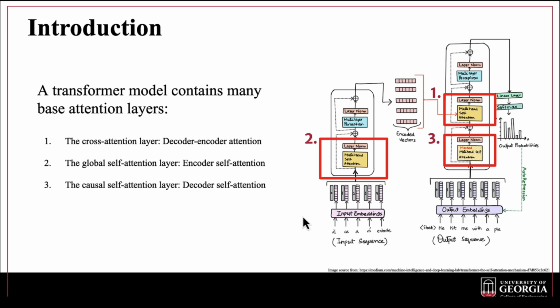They are the first, the cross attention layer between the decoder and the encoder; second, the global self-attention layer in the encoder; and third, the causal self-attention layer in the decoder. The attention mechanism enables the transformer model to focus on the relevant parts of the input sequence when processing each token.